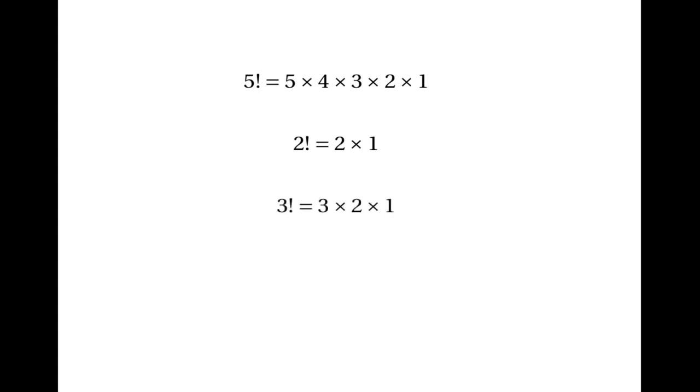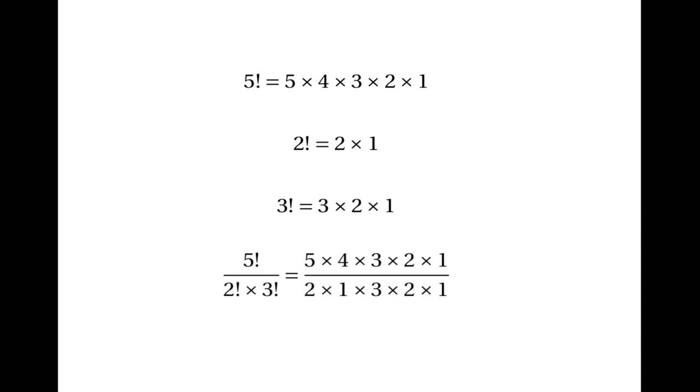And 3 factorial means 3 times 2 times 1. So 5 factorial over 2 factorial times 3 factorial is 5 times 4 times 3 times 2 times 1 divided by 2 times 1 times 3 times 2 times 1. This looks horrible until you realise that most of these numbers cancel out, leaving us with just 5 times 4 over 2 times 1, which you can easily see is 10.